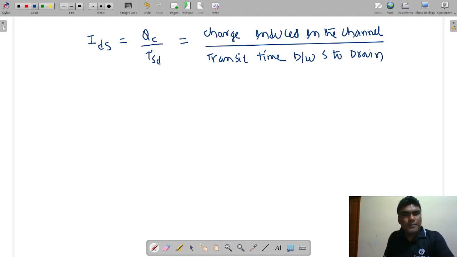Now let us find this transit time, then we can see the charge induced in non-saturation and saturation.